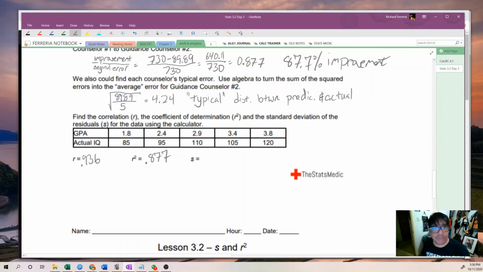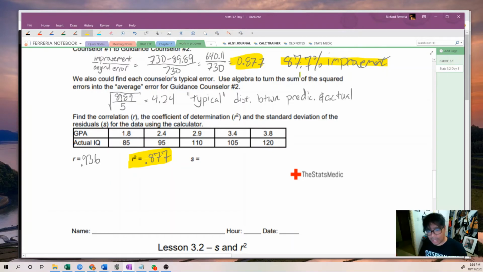One thing to notice here is that this value r squared is the same value from here. R squared is that percent improvement by using a linear regression over just the average response variable. That's the main thing that we're trying to see here.